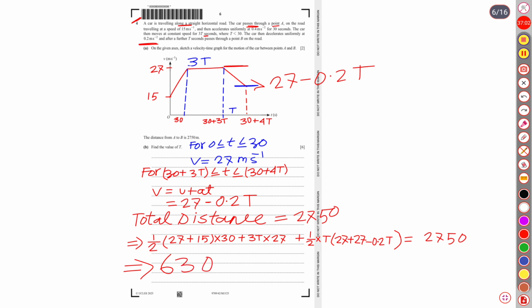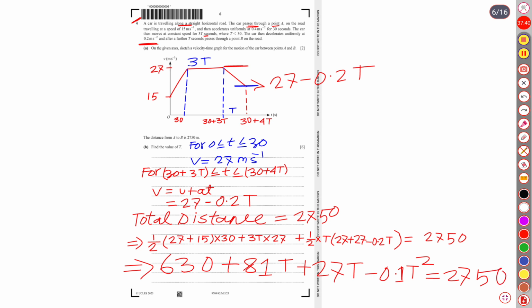630 plus 3 times 27 is 81, 81T, uppercase T, plus here, 27 plus 27 means 54, 54 over 2 means 27, so 27T, minus, if we divide 0.2 by 2, it is 0.1, 0.1T squared, is equal to 2750.